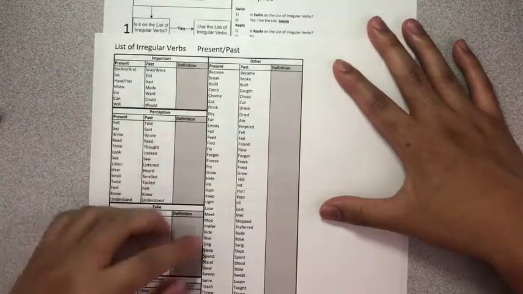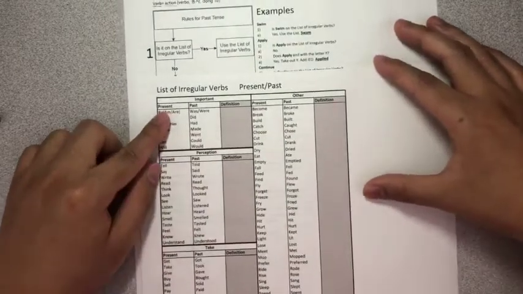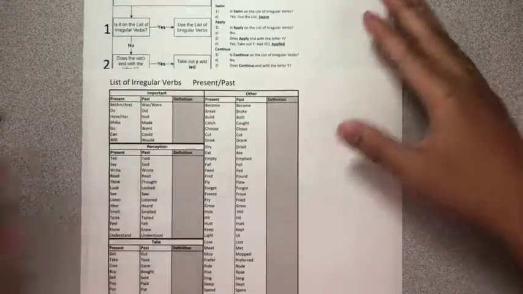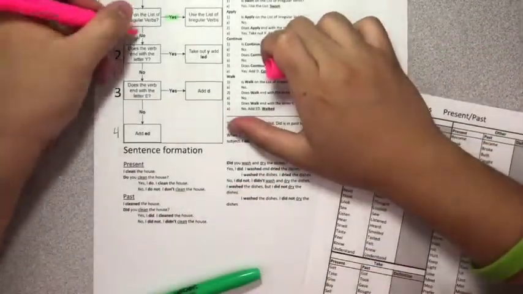So these are all irregular. 1, is it irregular? Yes. Use the list of irregular verbs. We have the present on the left and the past on the right. So we have yes, and we have no.